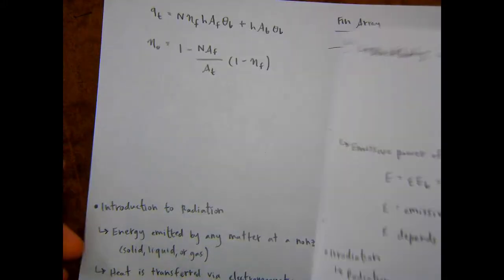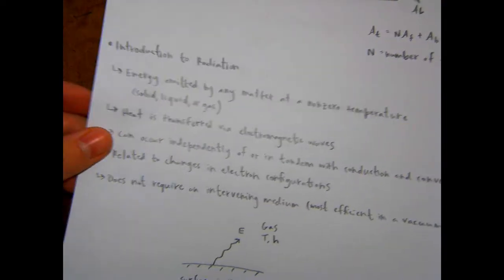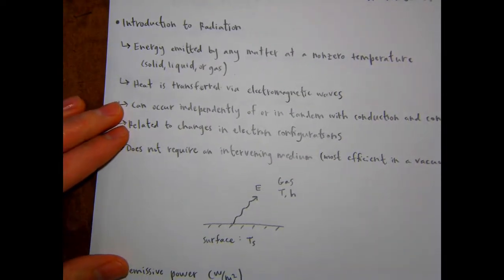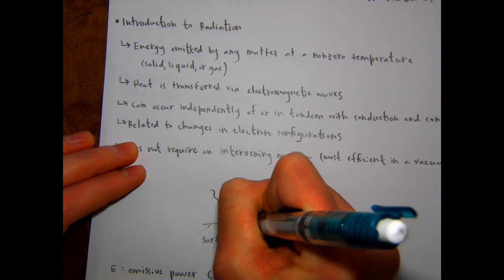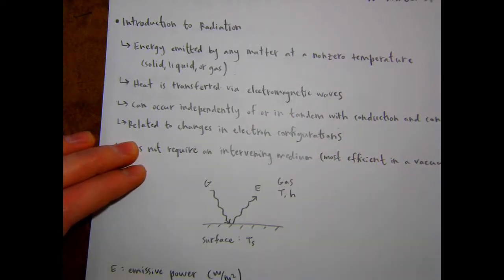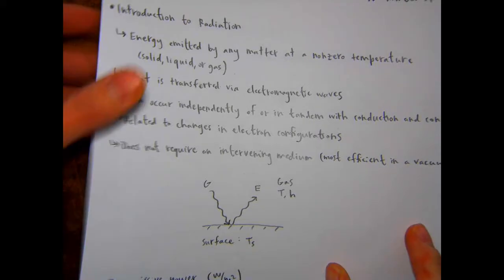And we can add that to our little sketch here. And irradiation is denoted by a capital G. So radiation being received by a surface. So this emission and reception both happen simultaneously.